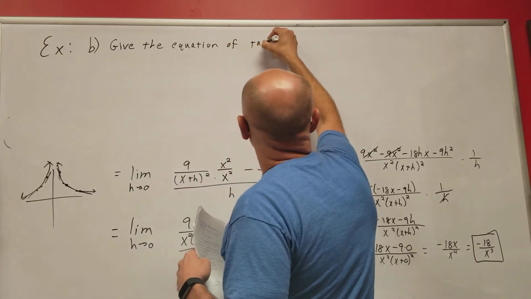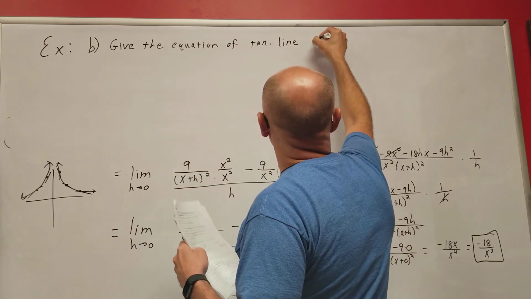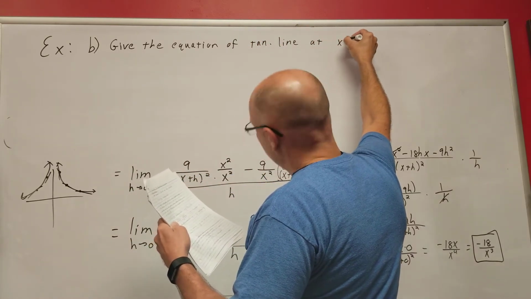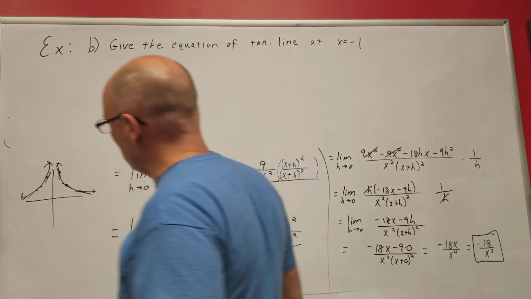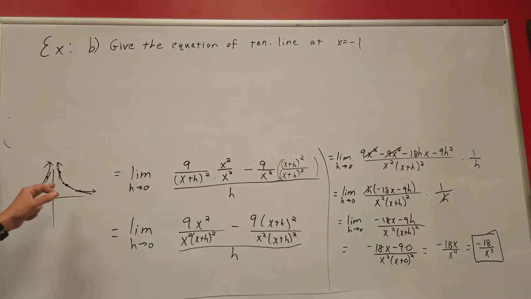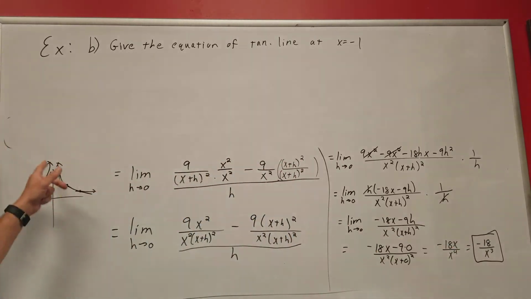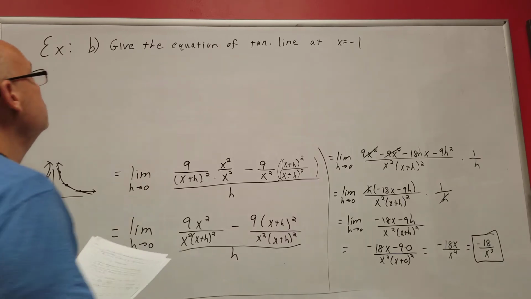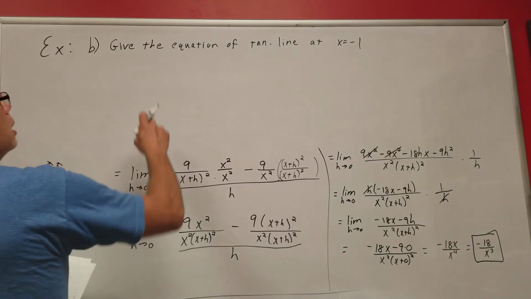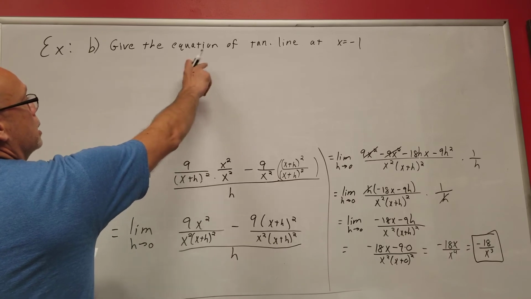I'm going to abbreviate: tan line at x = -1. I can't remember if I said that -18 over x cubed gives you a formula for all the tangent lines. If I did, I meant it gives a formula for the slope of all the tangent lines. So give the equation of the tangent line at that.